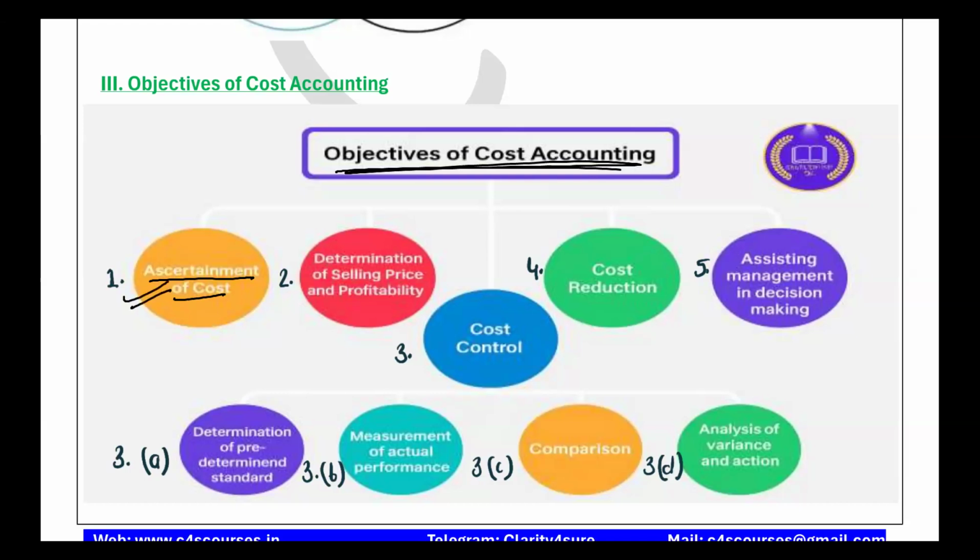Once the burger is made and sold to the market, then after the cost has been made and they started to sell, the second portion obviously will be determination of selling price and profitability. Once the burger has been made with the different costing techniques, land, labor, capital, and materials used, the consumer will come and consume the burger.